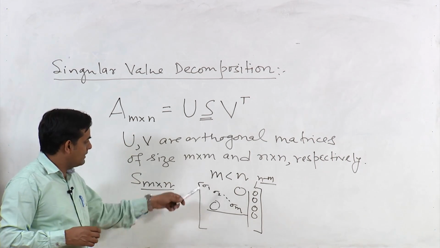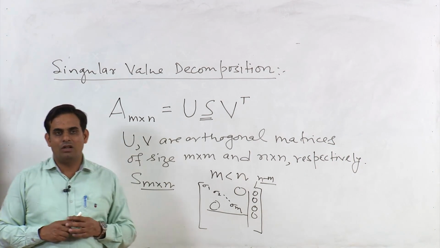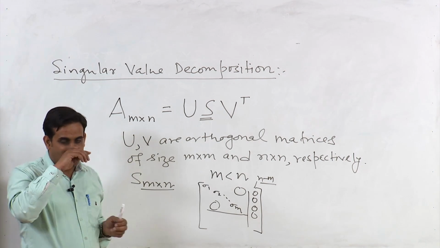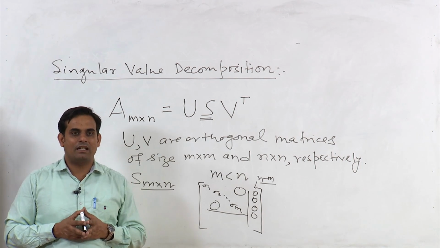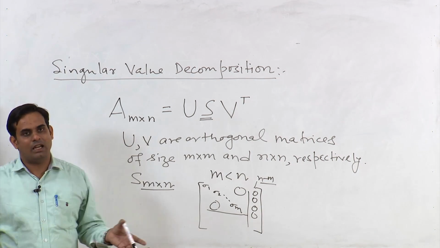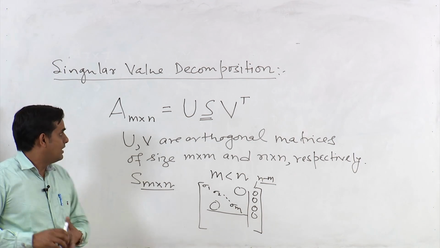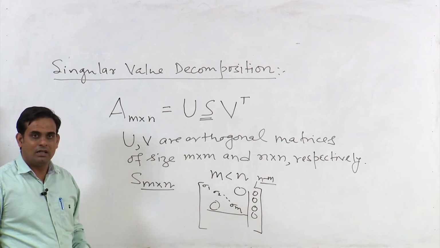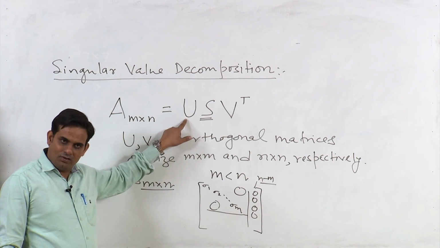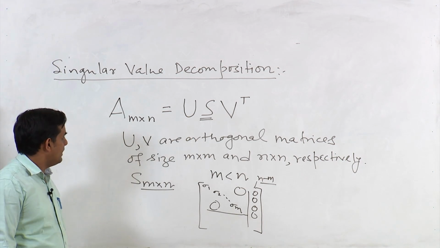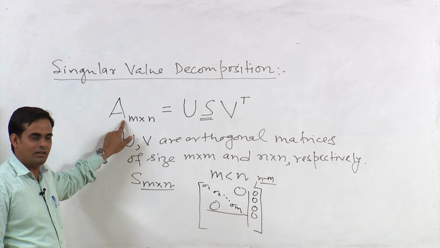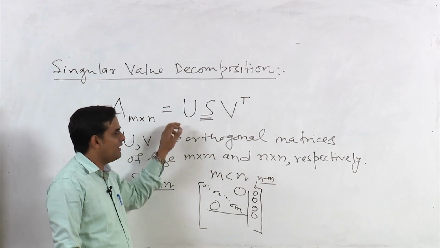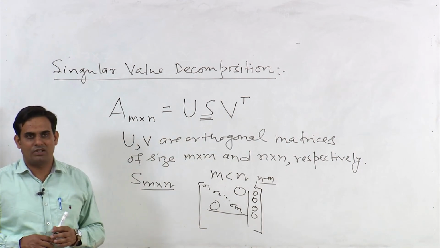The sigma 1, sigma 2, up to sigma m are called singular values of matrix A, and they are the square roots of the eigenvalues of A A transpose or A transpose A. The eigenvectors of A A transpose will be the columns of U, and the eigenvectors of A transpose A will be the columns of V, and in this way we can achieve this decomposition.